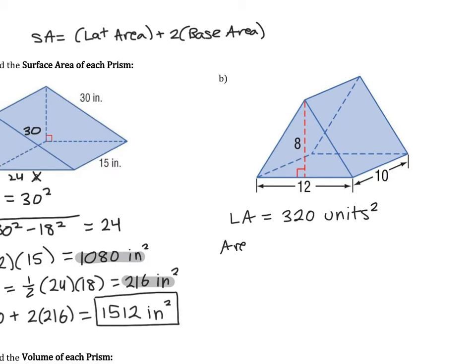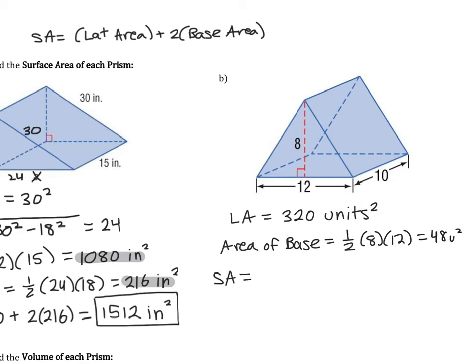So let's do that. Of the base, again, we have a triangular prism, so it's going to be 1/2. This is our base, and this is our perpendicular height. So we get 48 units squared. And now we can use our surface area formula.